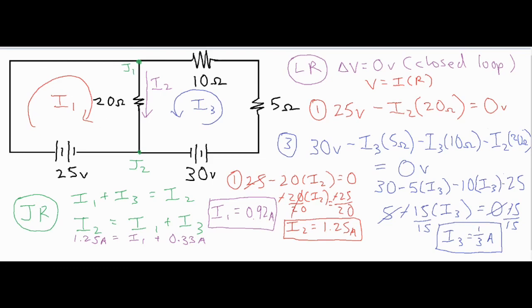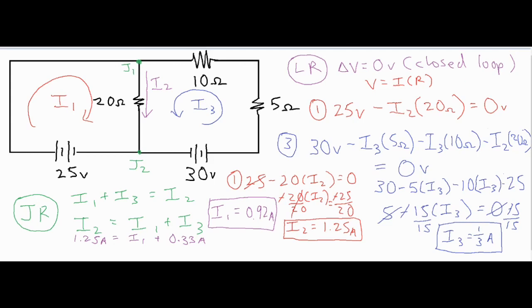Same thing for I2. If the I2 came out negative, then that would be going in the exact opposite direction, so that would be upwards. So if you do have a negative sign with your answer, that's going to change the way in which you look at the circuit as far as the way that the current flows. We didn't have that issue this time around, but it's a pretty easy fix if you do get that negative.